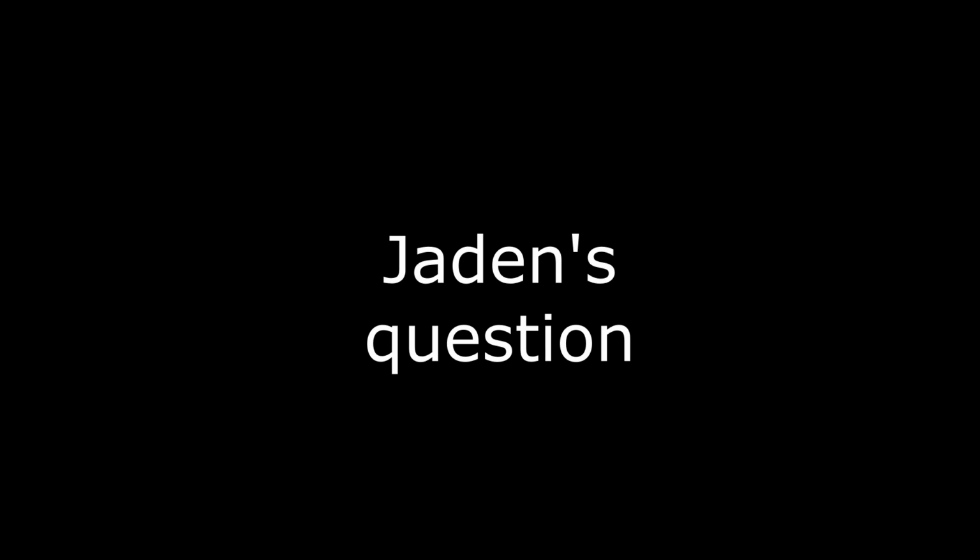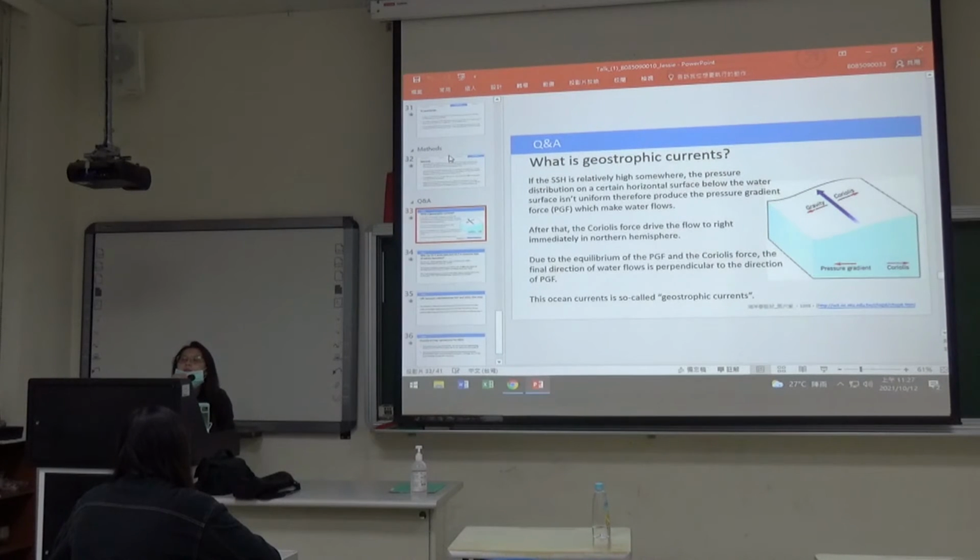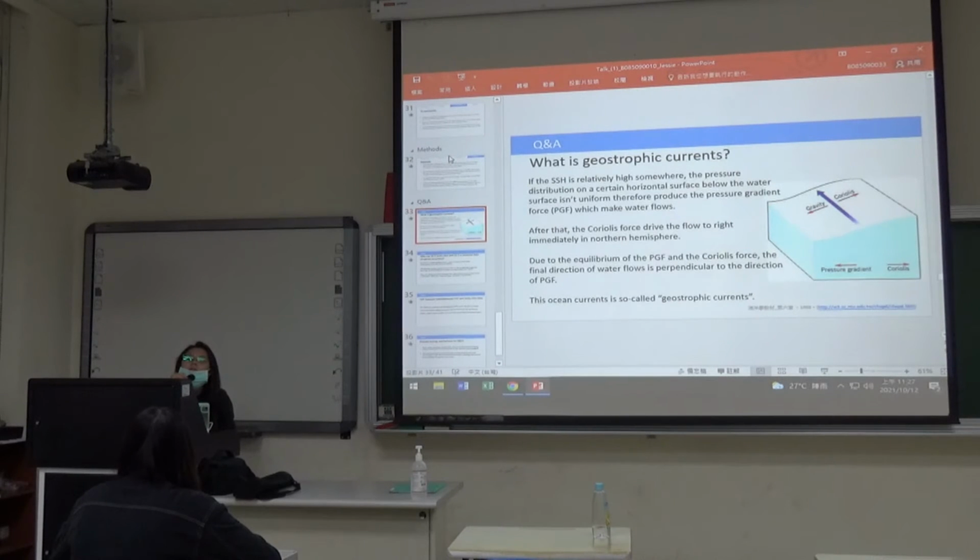Jaden. I know the cold currents like the Korean coastal current and the China coastal current have low temperature, but I wonder why they have low salinity, because I think the coastal current has a lot of sediment from land. It should be high salinity. Thank you.